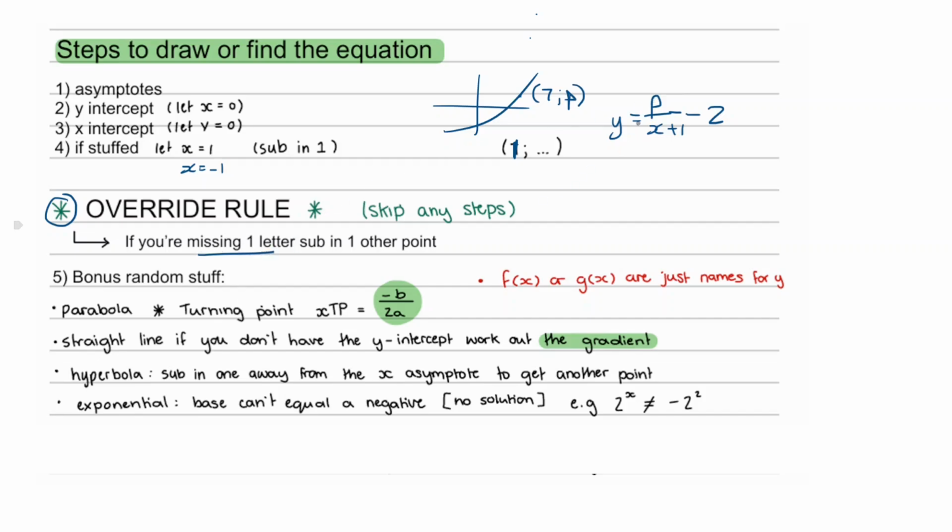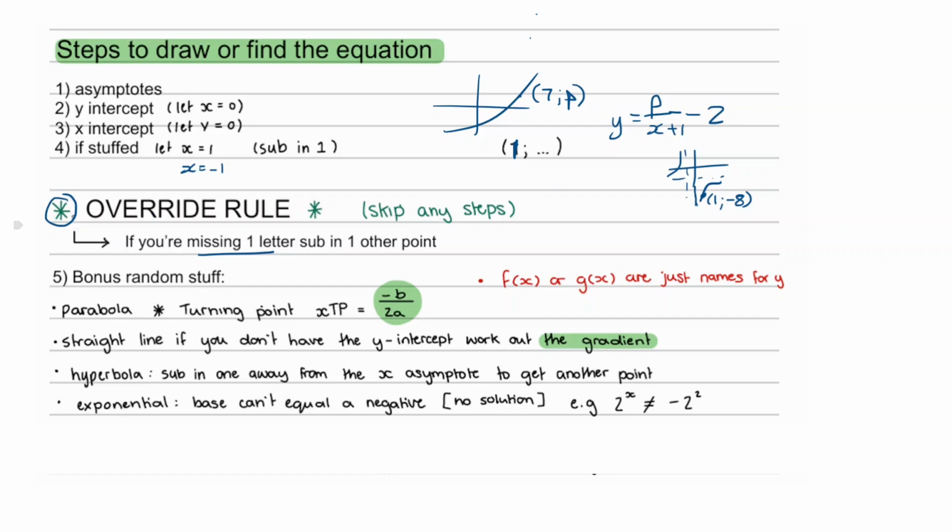If I'm missing a letter, in this case you're trying to find P, so maybe you'd sub in a point here, 1 and minus 8. So you'd sub this for x and y, and it would reveal P.